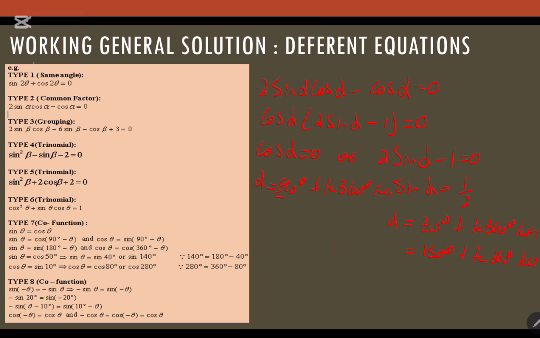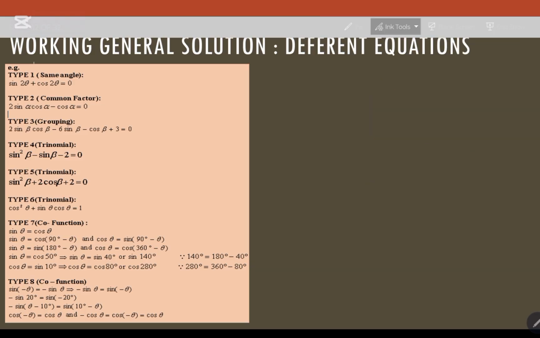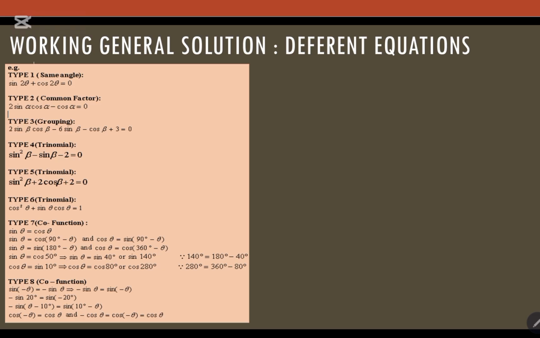Now, let's go and look at type 3. Type 3, we are given an equation that involves working out equation in a grouping format.